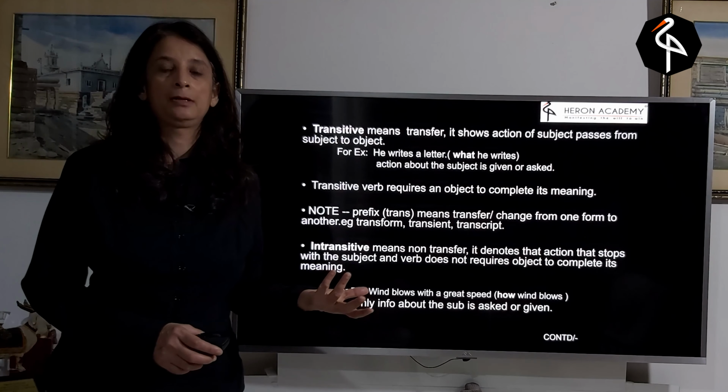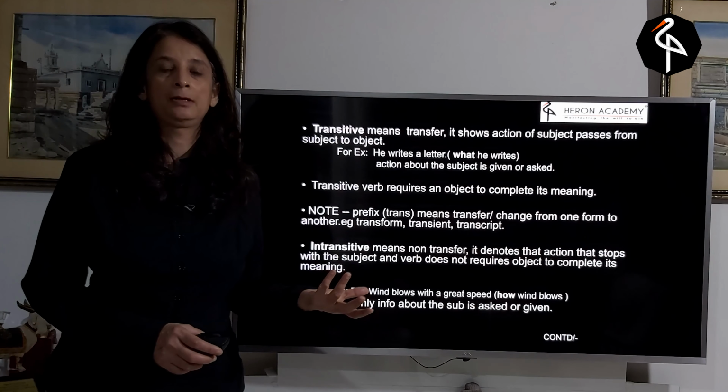Transitive, a very important part. Transitive verbs ask the questions what, whom, like what he does, what he did, what he will do. So a question about an action of the subject is asked. And second, who has done it, meaning the action is done or is going to be done, or you will do the action, or he does the action.